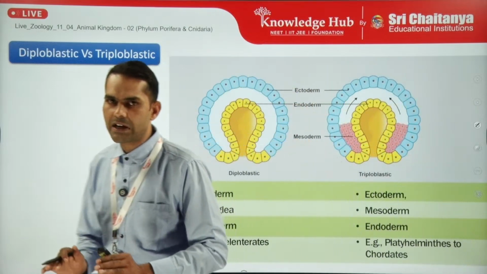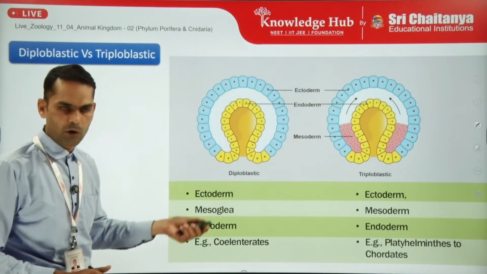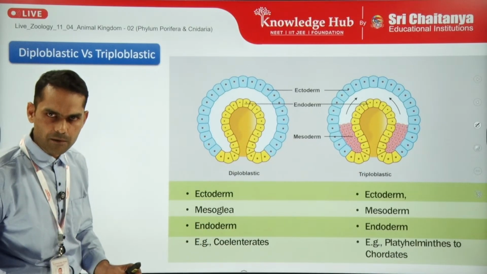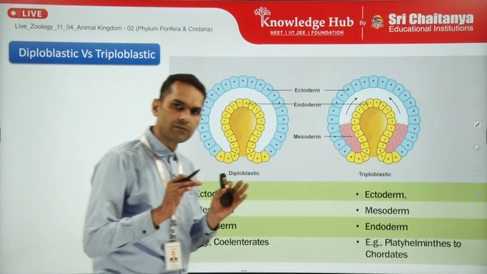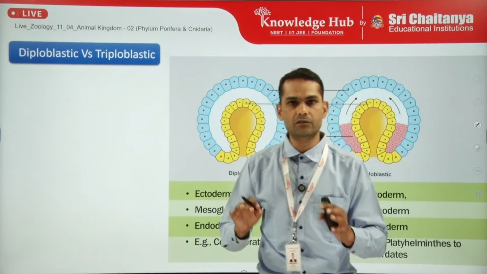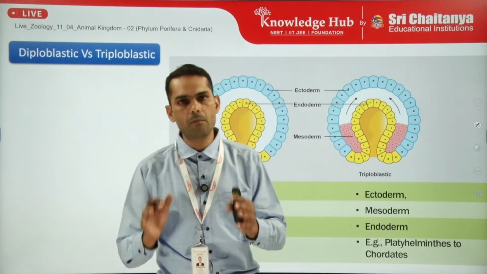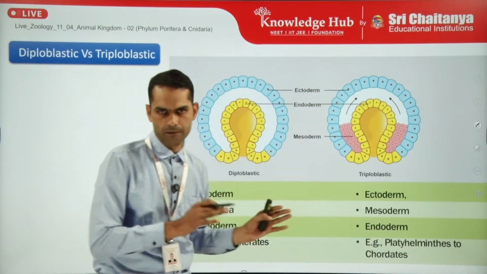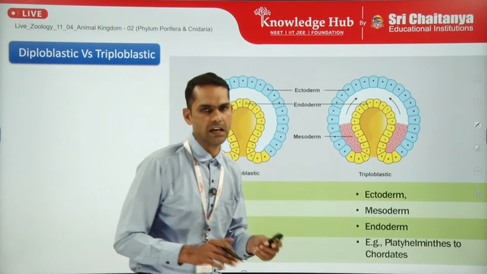Mesoderm is absent in those organisms, particularly in diploblastic. And in triploblastic, all the three germ layers are present: ectoderm, mesoderm, endoderm. And we have to keep in mind that whatever the organism's body is forming, different tissues and different organs, these all are formed from these germ layers only, whether it is in diploblastic or whether it is in triploblastic, right?